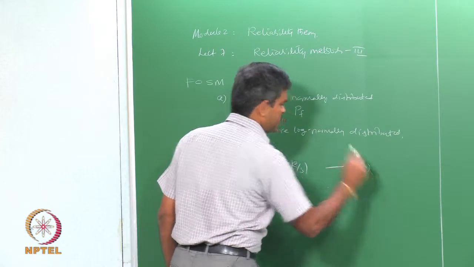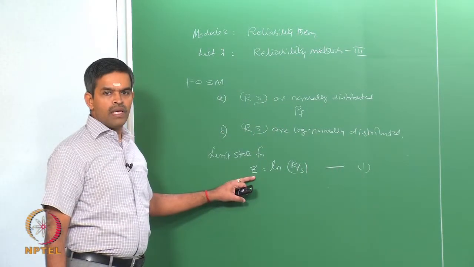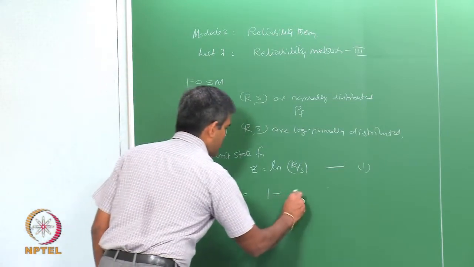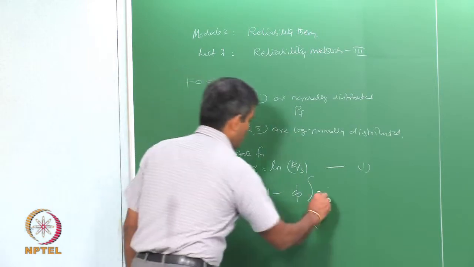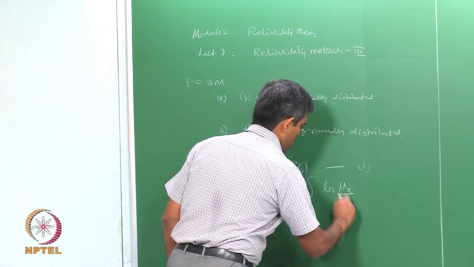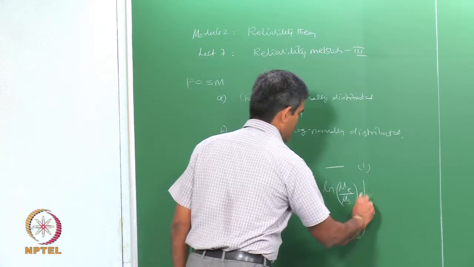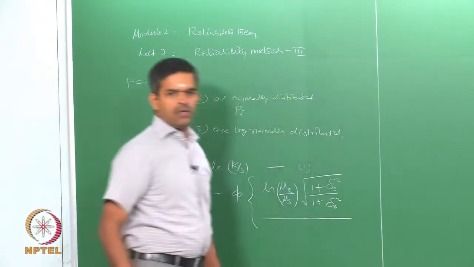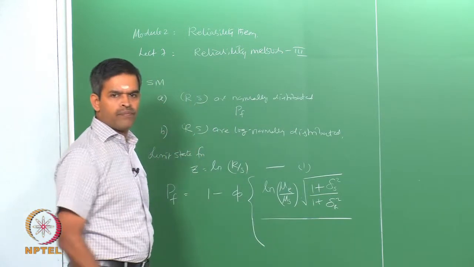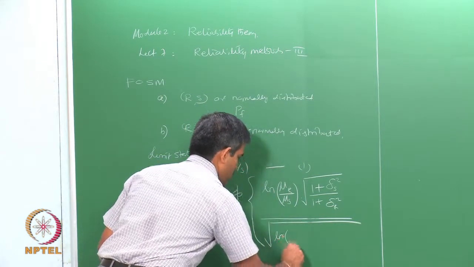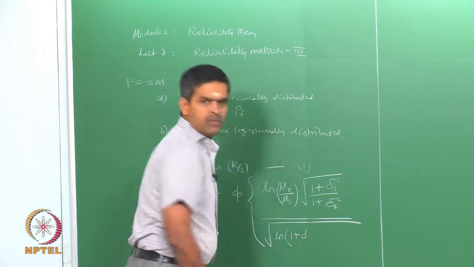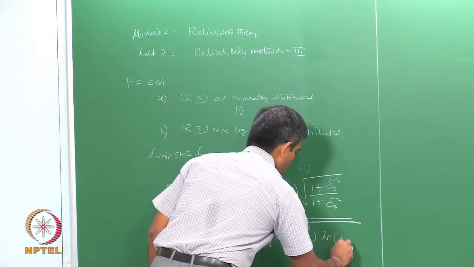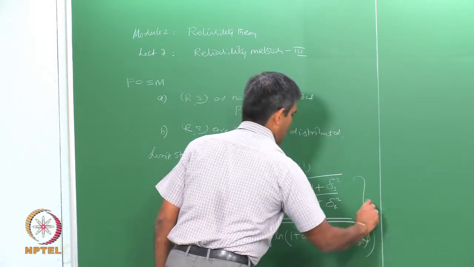Let us call this equation number 1, where Z is a normal variable and therefore, the probability of failure can be given by 1 minus phi of the expression which we gave in the last lecture.